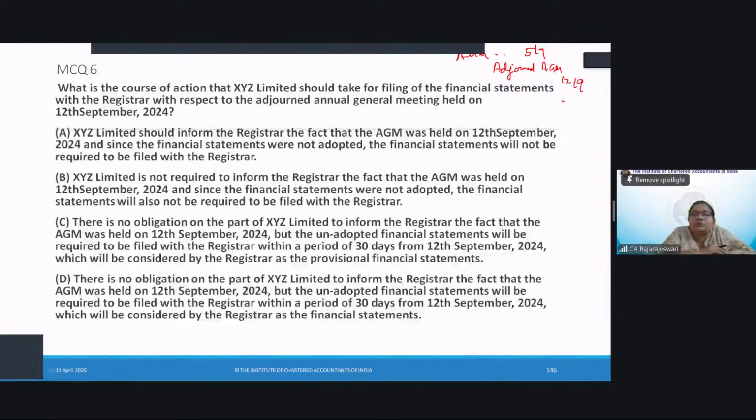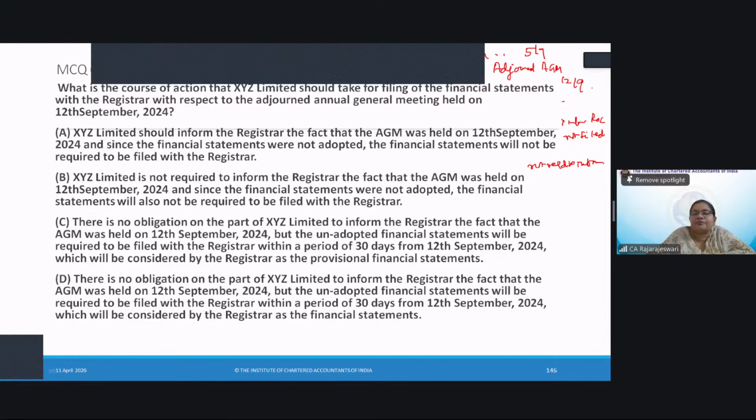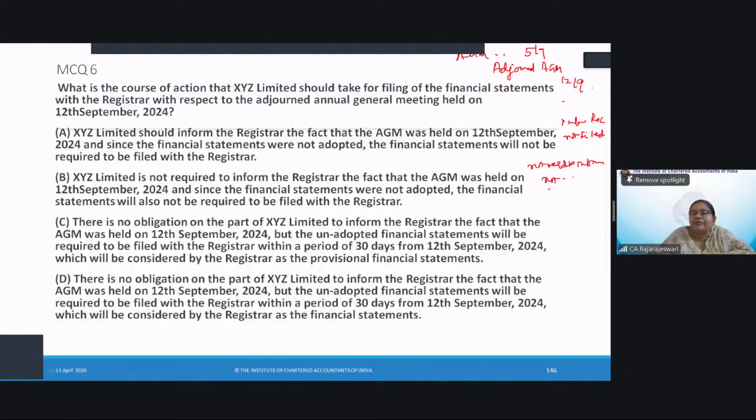So now you try this. XYZ Limited should inform the registrar that the AGM was held on 12th September, and since the financial statements were not adopted, the financial statements will not be required to be filed. Here it talks about not filed, inform ROC. Not required to inform and not required to be filed.